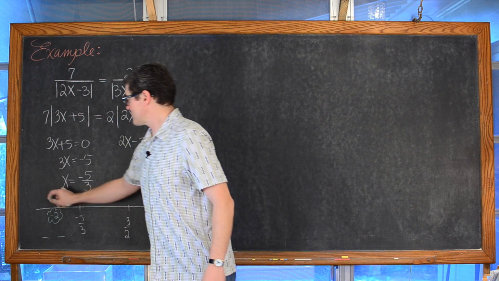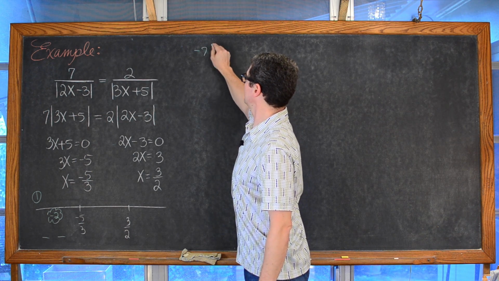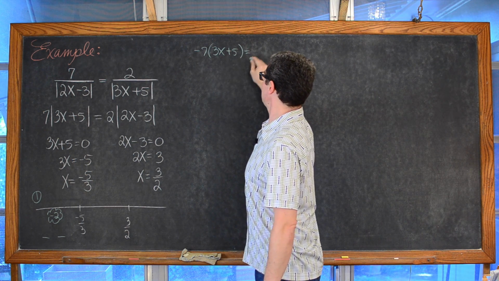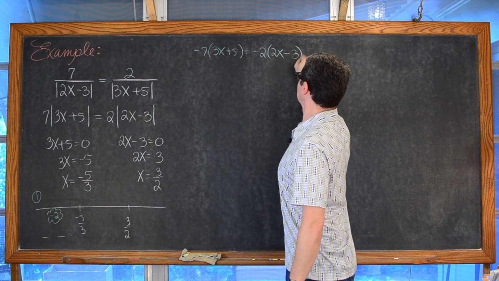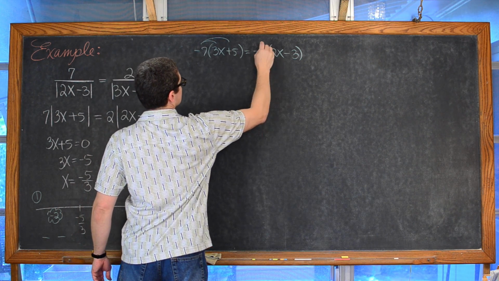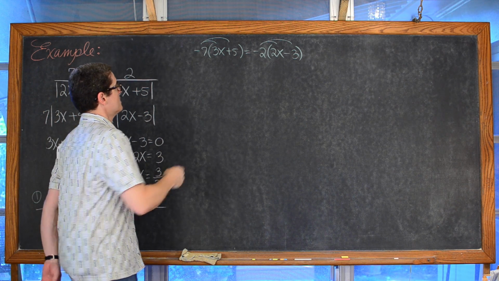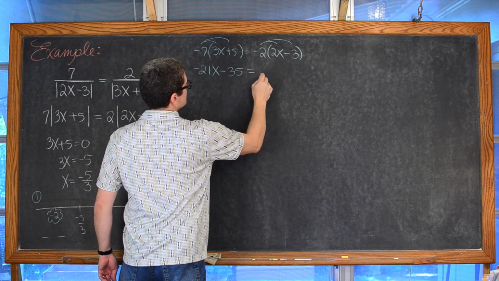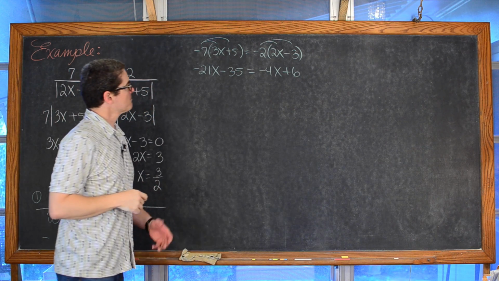So for this, let's call this interval 1, we're going to be looking at -7 times 3x plus 5 is equal to -2 times 2x minus 3. Now we're going to distribute these values of -7 and -2 through the parentheses, and we get -21x minus 35 is equal to -4x plus 6.